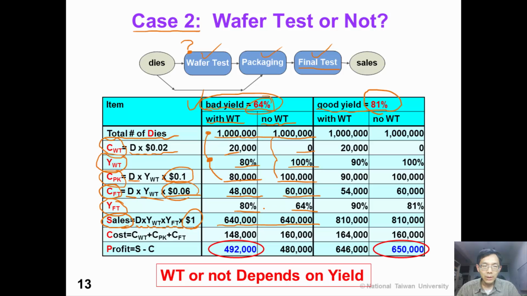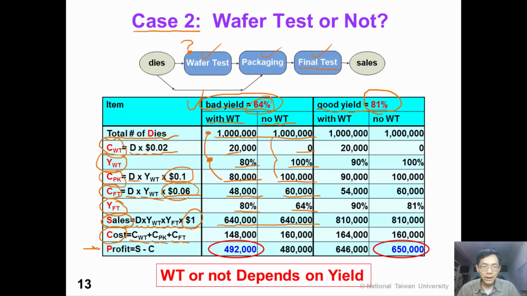So the total number of sales are the same, $640,000 for both cases with or without wafer test. Now, the cost is equal to the wafer test cost plus packaging cost plus final test cost.